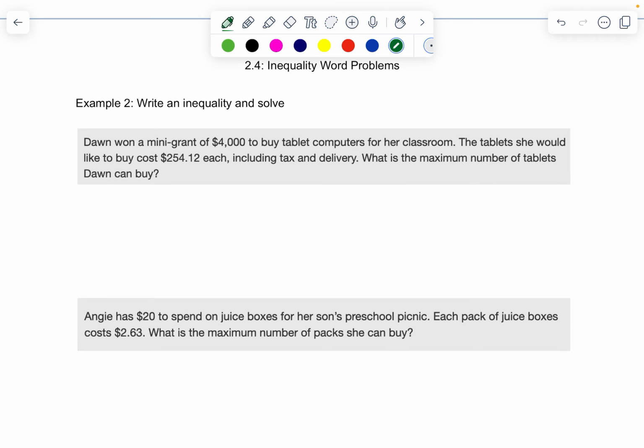Dawn won a mini grant of $4,000 to buy tablet computers for her classrooms. The tablet she would like to buy costs $254.12 each, including tax and delivery. What is the maximum number of tablets Dawn can buy? So first, let's call T the number of tablets.